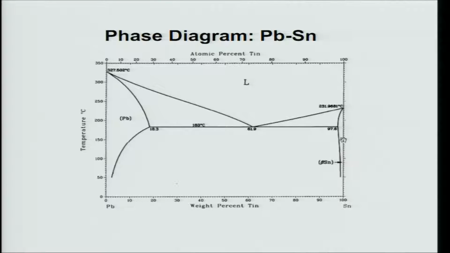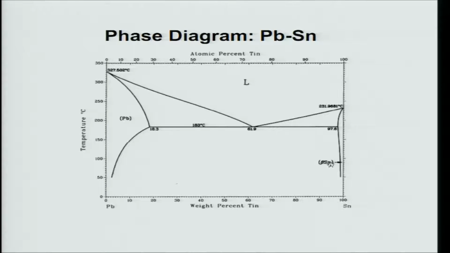These two are called terminal solutions in the literature. Terminal is because they are the ends of the two components. Because of the presence of these two terminal solutions, the eutectic reaction is a little bit modified. Liquid goes to lead solution plus tin solution, and this is the second type of phase diagram.